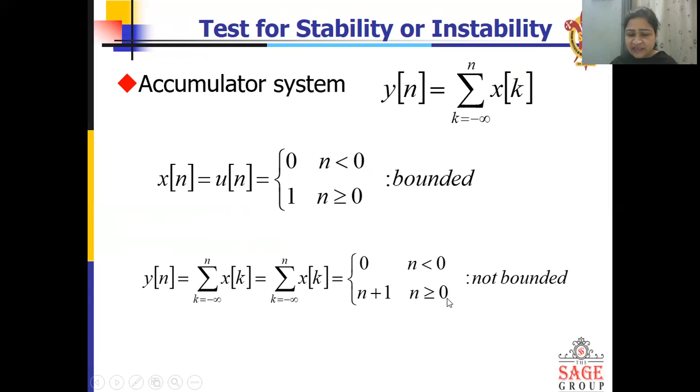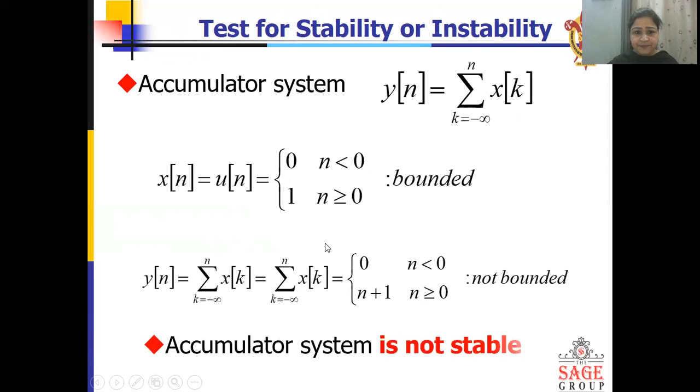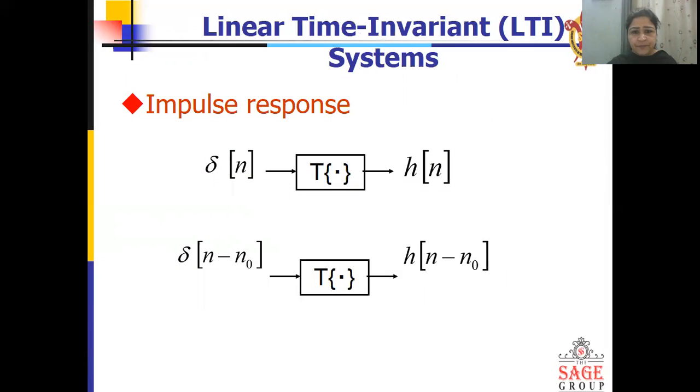But if n is greater than or equal to 0, the value will be n plus 1 because from k equal to 0 to n, there are n plus 1 values. So it will be n plus 1. Now, if n is going to infinity, naturally the value of y[n] will also tend to infinity. So the output will not be bounded and the system will be unstable. So accumulator system is not stable.